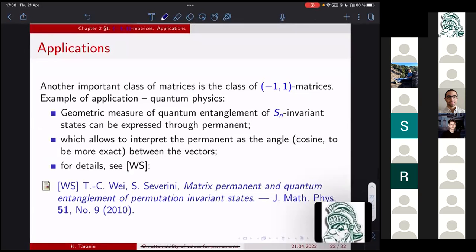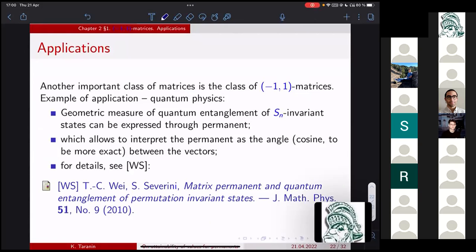So as I already mentioned, -1,1 matrices are used in quantum physics. Their usefulness for quantum physics was discovered not that long ago.